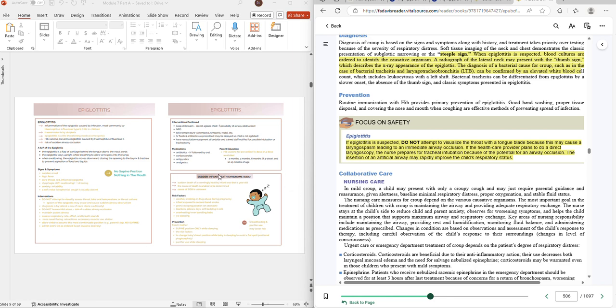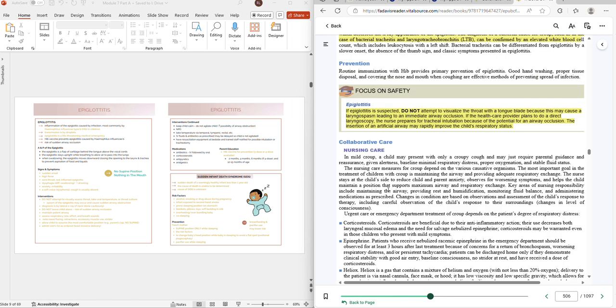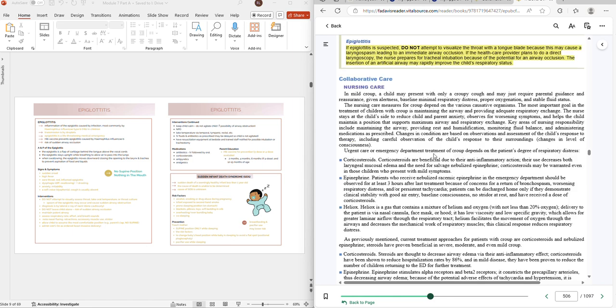Some more information on epiglottitis. Collaborative caring, I'm sorry, is to reduce their anxiety. So we encourage, because what happens when a baby gets anxious, they start crying. Do we need a baby with epiglottitis to cry? They're already probably having some laryngospasm, some edema, obviously, so we don't want them to cry.